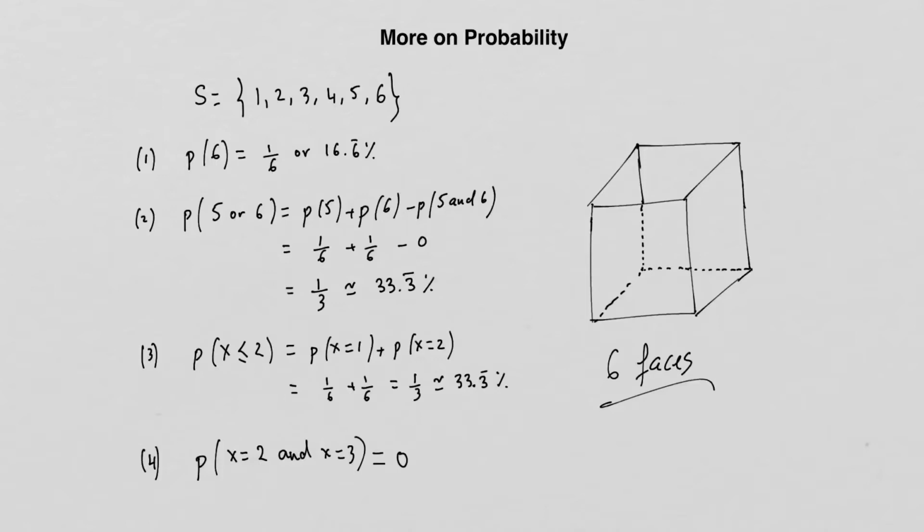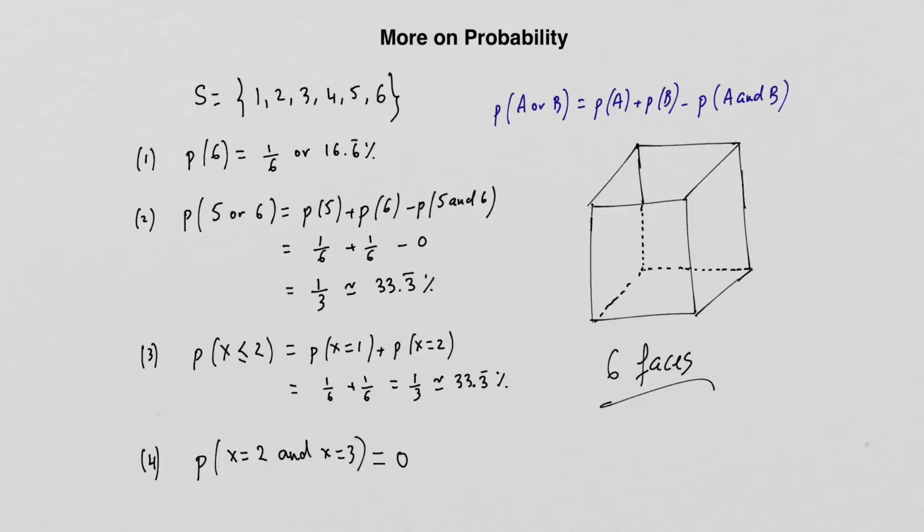Now, probability of getting a 5 or a 6. Now, by definition, probability of getting A or B is the probability of getting A plus the probability of getting B minus the probability of getting A and B. Okay?